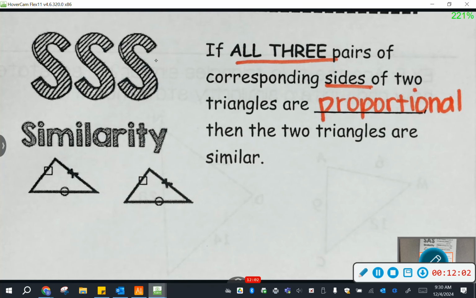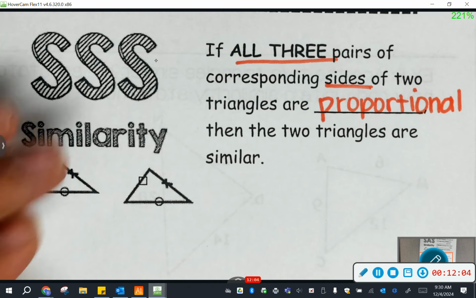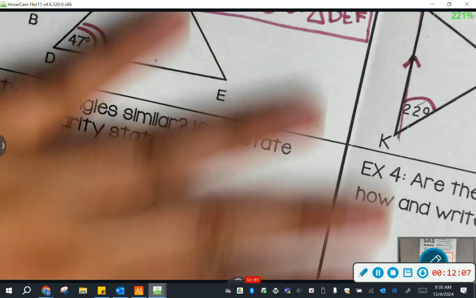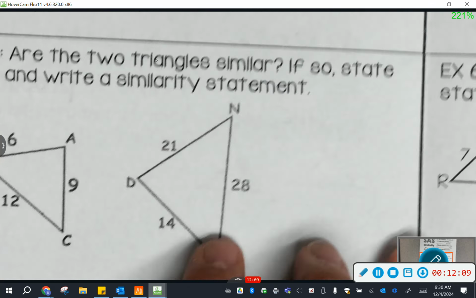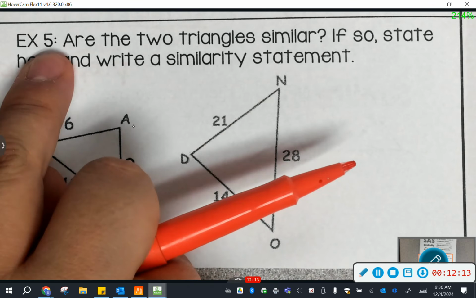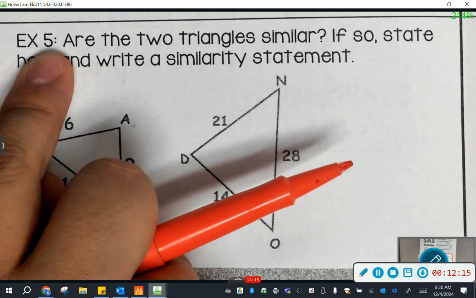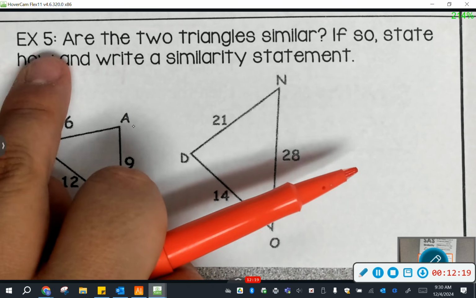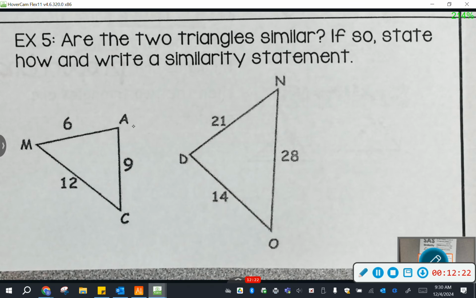Okay? Please open your notes. Make sure you are on example 5, not example 3. We skipped some. For SSS, in order to prove these similar, how do I know which ones go together?